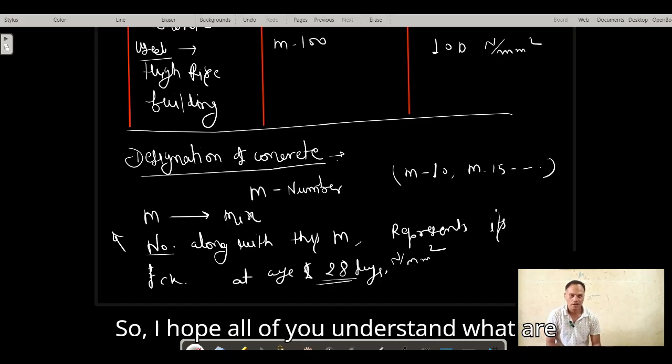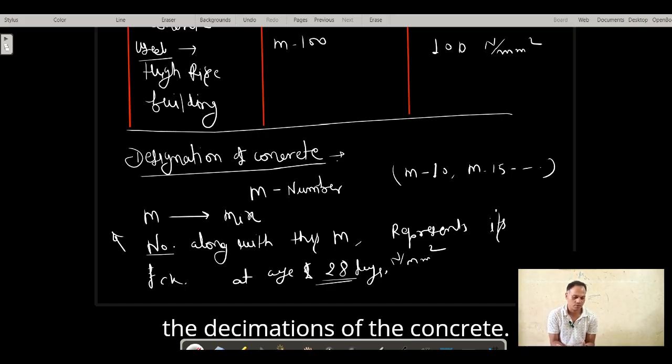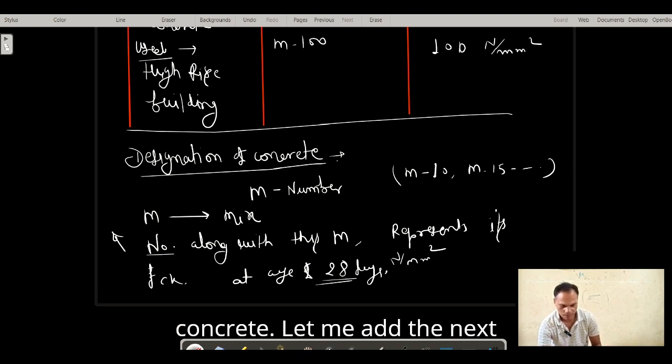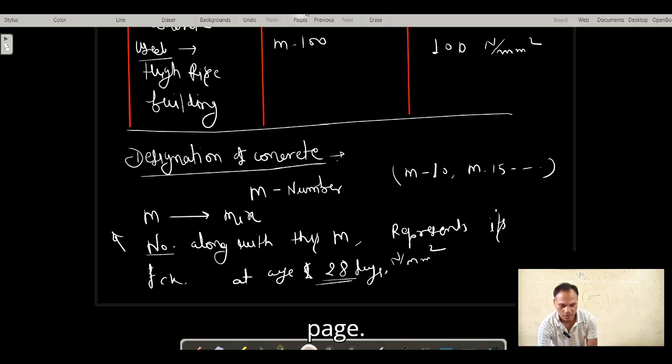So I hope all of you understand the designations of the concrete. This is the designation of the concrete. Let me add the next page.